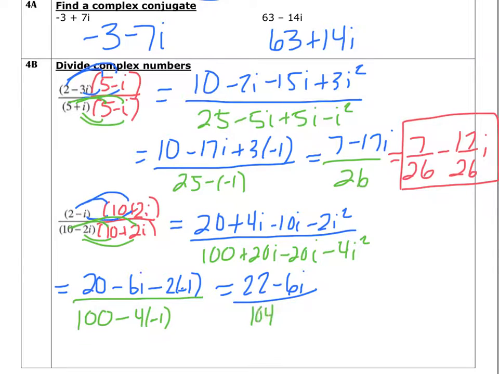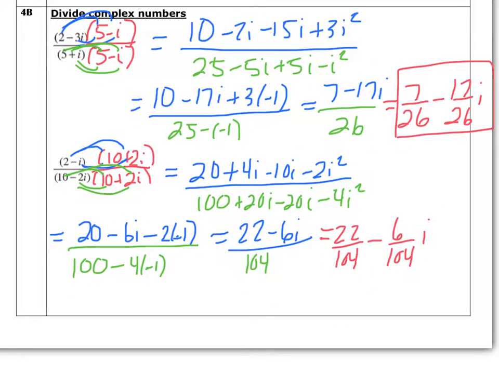Now I can break up my fraction into its two pieces. When we do that, we're going to get 22 over 104 minus 6 over 104i. Now technically you should try to simplify this as much as you can, see if there are any values you can pull out. There is a common factor between these two.